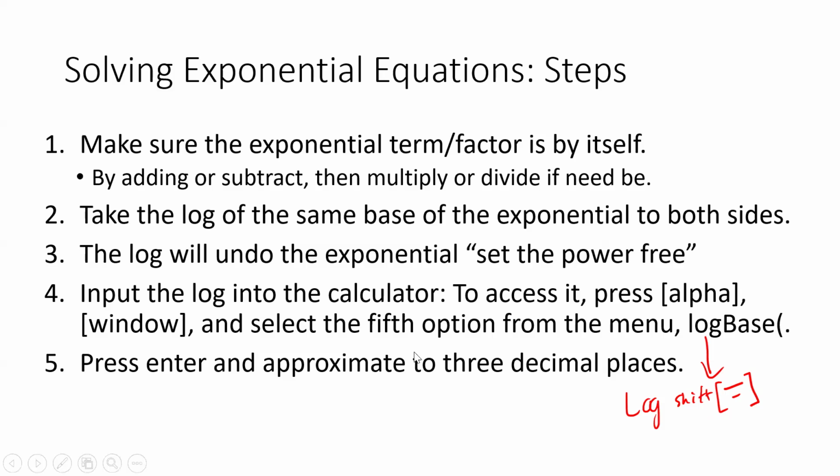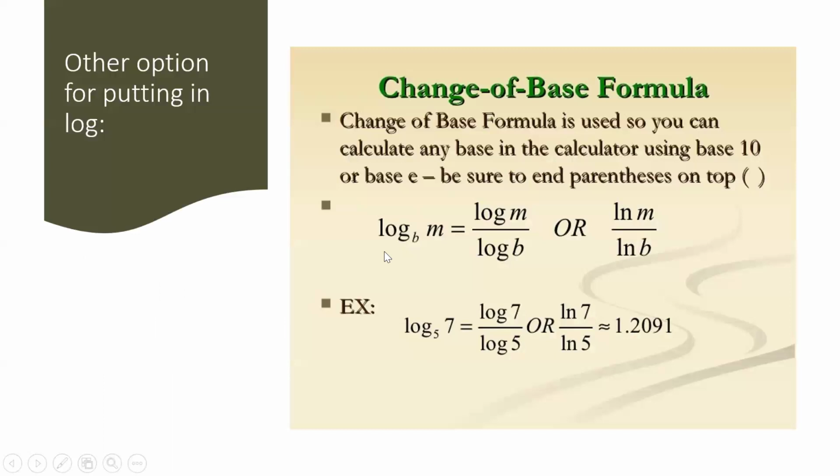Got it? Okay. Now, before calculators were so sophisticated, there is what we call the change of base formula. The change of base formula is how you have to solve if you only had a standard scientific calculator.